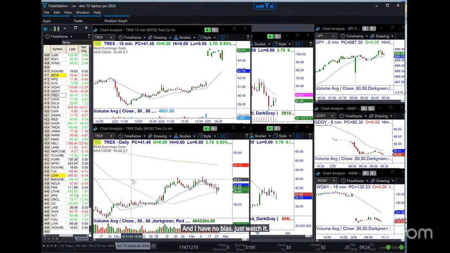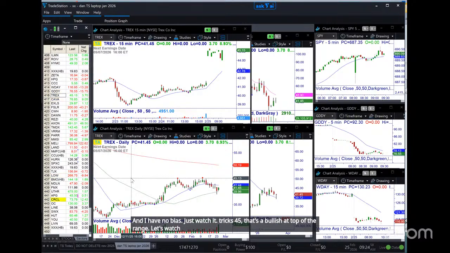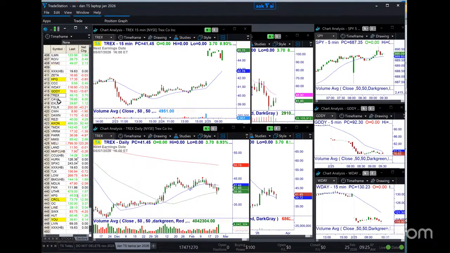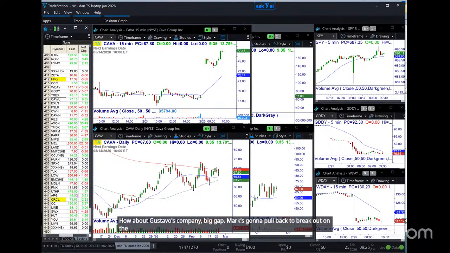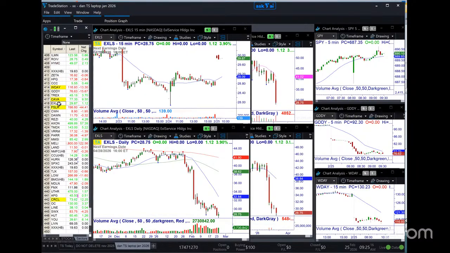Trex 45, that's a bullish guy, top of the range. Let's watch that on a pullback. Cava, Gustavo's company, big gap. I'm watching a pullback. It's a breakout on the weekly also. EXLS gap in the 30, no pattern.